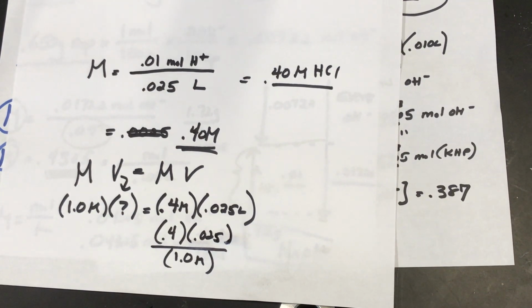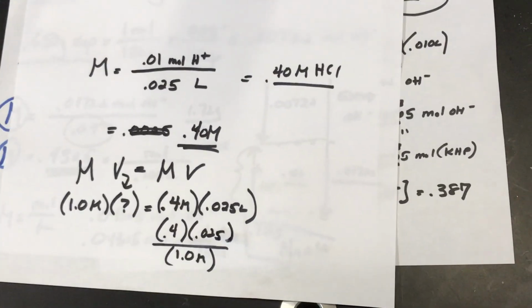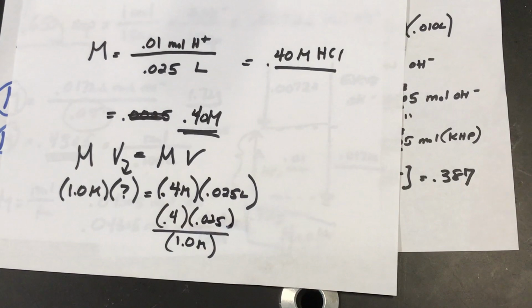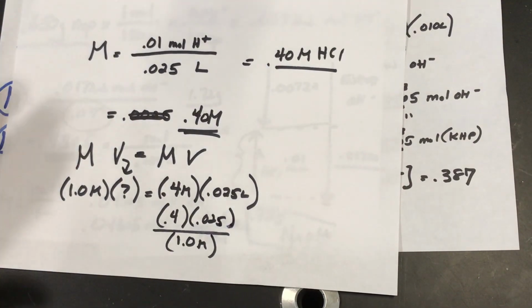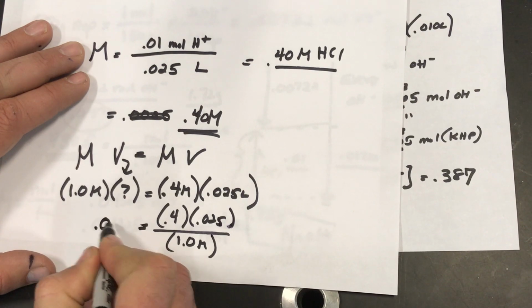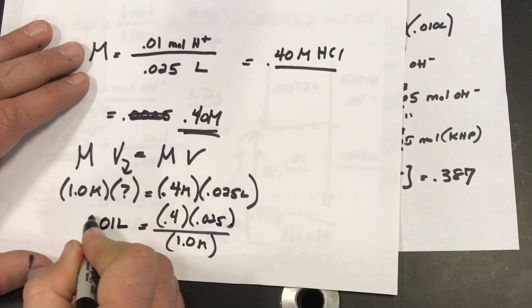Everyone's confirming that? Those at home. Okay, I've got to plug this in because they're losing, I don't want to lose the video here. Okay, so we solve for this, and we get 0.01 liters needed.